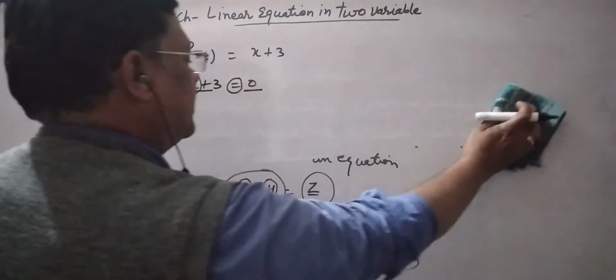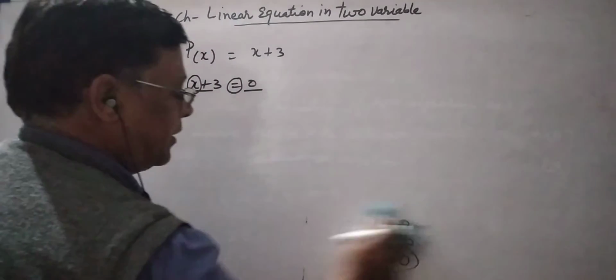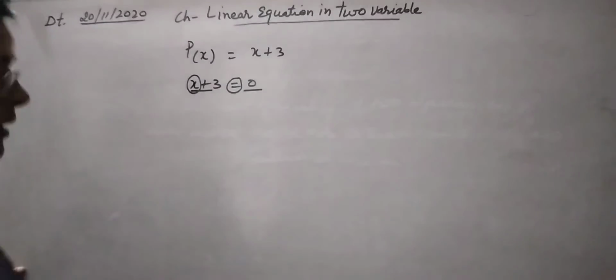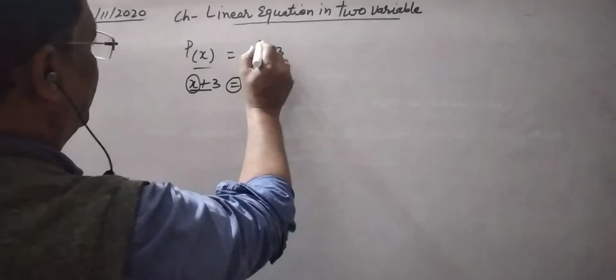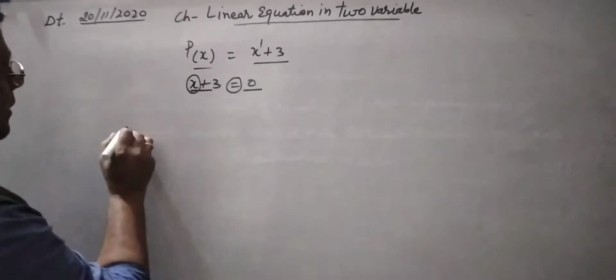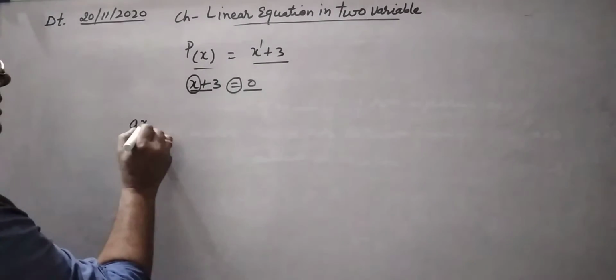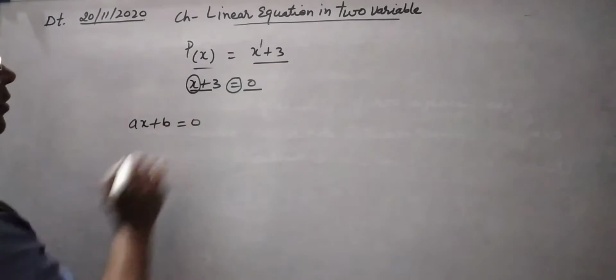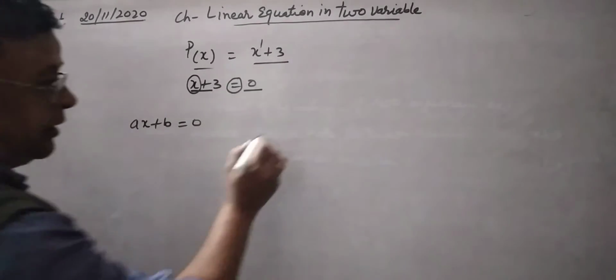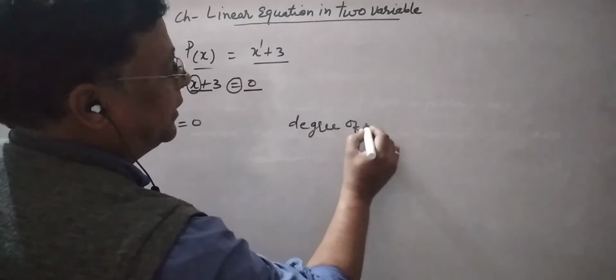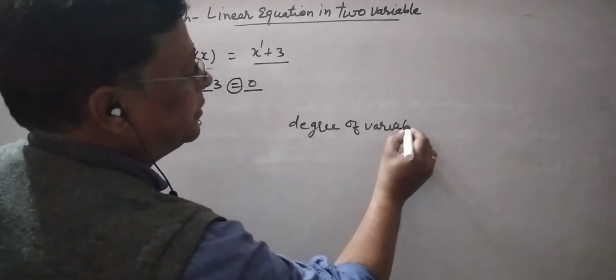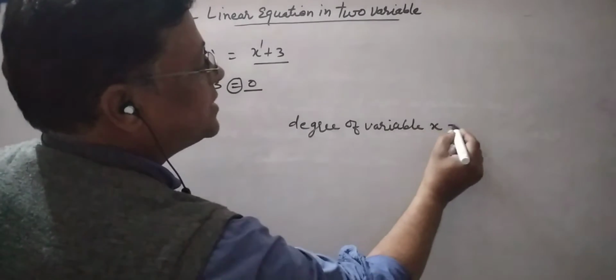Now we have the linear equation. As we read, a polynomial is linear if it has degree 1. Suppose we have an equation ax plus b equals 0. Here the degree of the variable x is 1.